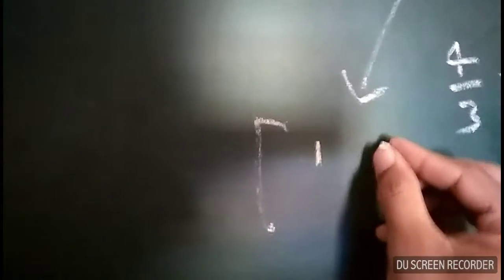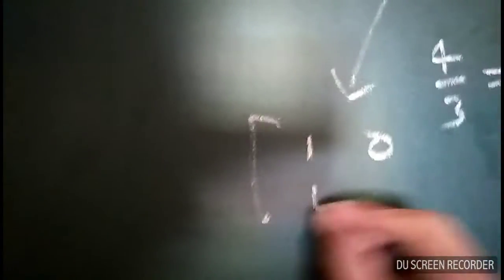Then the first matrix [4 3; 7 8] is equivalent to [1 0; 1 -1]. So this answer is clear.